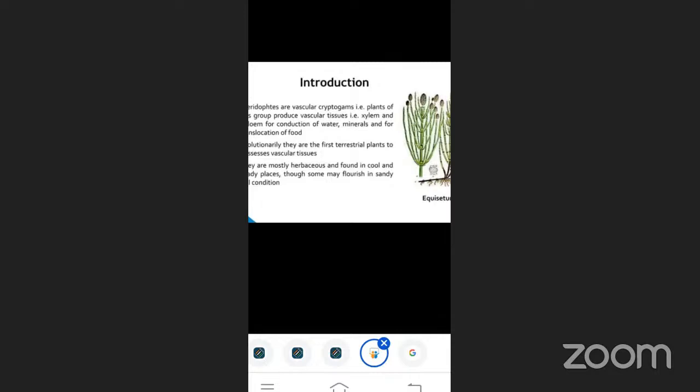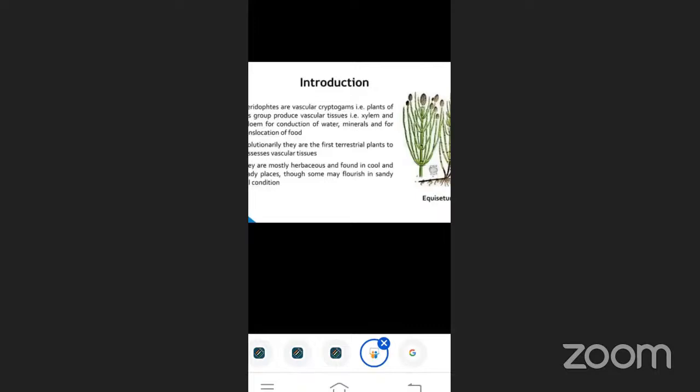But here totally terrestrial plants appear. They prefer to grow in cool and shady places. A few species are xerophytic, for example Selaginella, Marsilea. There are also aquatic plants, that is Salvinia and Azolla. These are some of the aquatic plants.